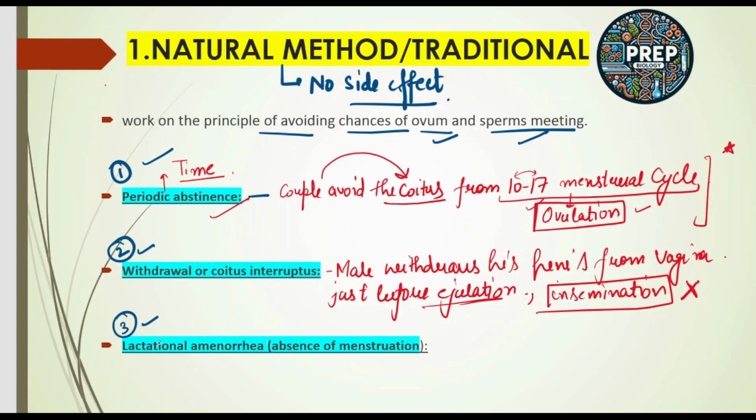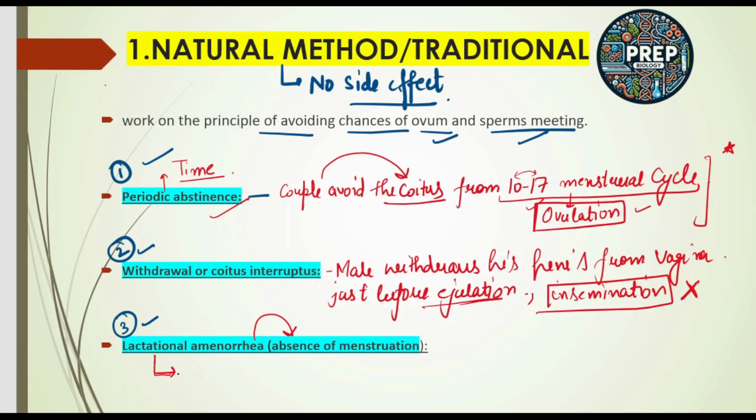The third and last very important method under the natural or traditional method is lactational amenorrhea. Lactational amenorrhea means the period in which menstruation does not occur, the absence of menstruation during the lactational period. Just after parturition, the delivery of a baby, the lactational period starts.